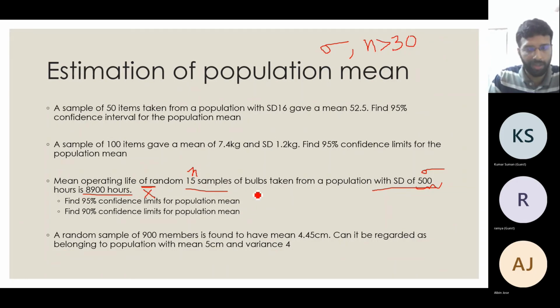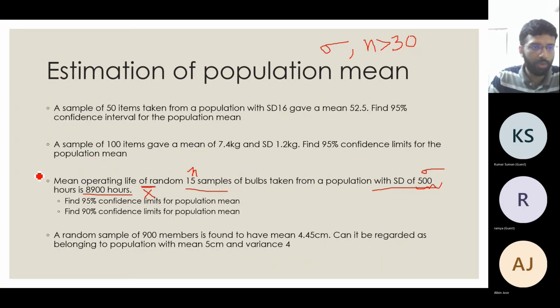Had the sample standard deviation only been given, like in my example 2, I could not approximate it to a normal distribution. But since here the population standard deviation is known, I can make use of the normal distribution itself.